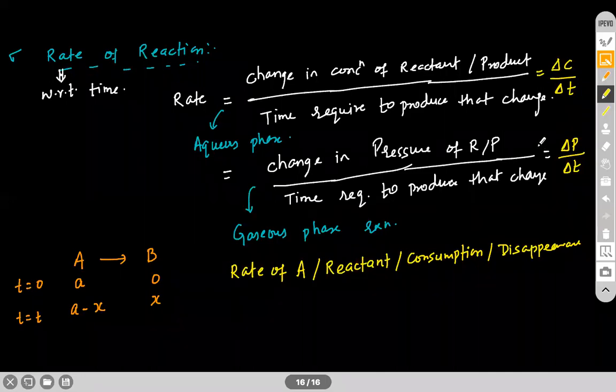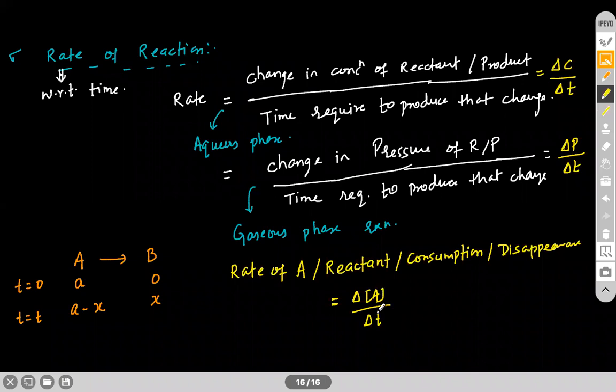Okay, is equal to, what should we write? Change in the concentration of A divided by the time required to produce that change. So we will write delta concentration of A by delta T. Whatever is written in square bracket, that is the concentration.